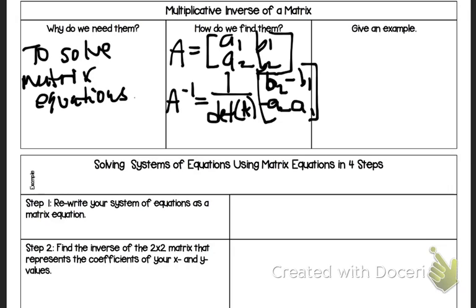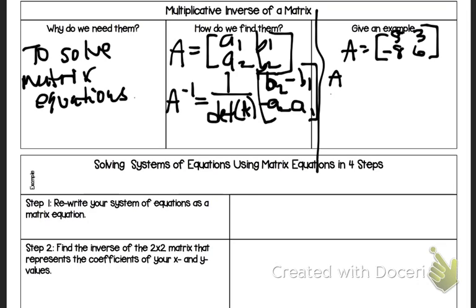Okay, so that's what the formula is for a 2 by 2 inverse matrix. For example, if we do A as 5, 3, negative 8, 6, the inverse, A inverse, I have to do 1 over the determinant.